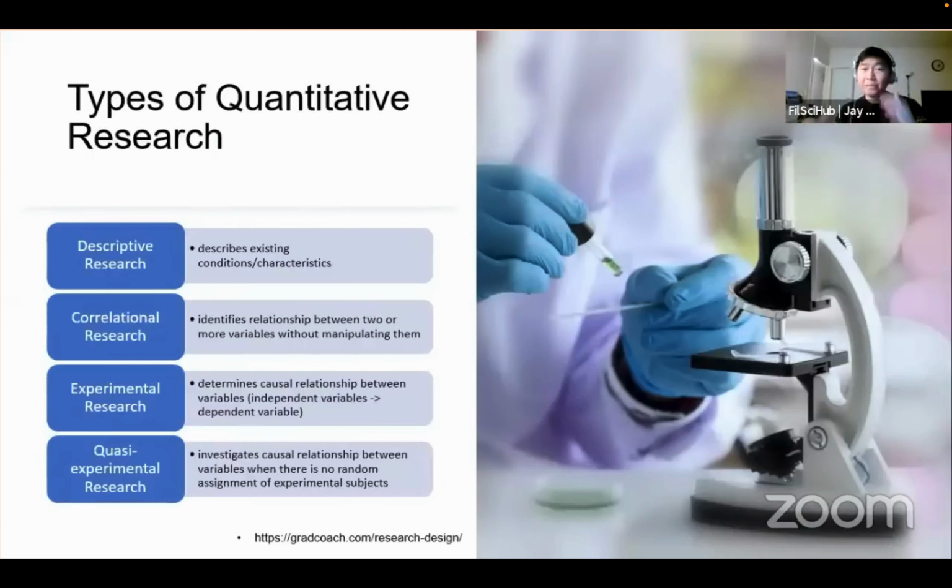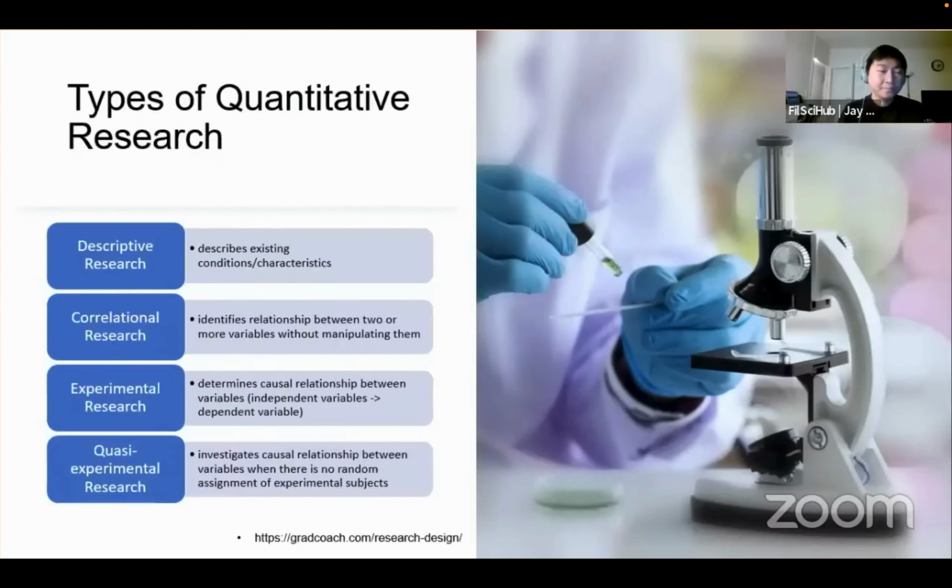This is where descriptive statistics come in: the mean, median, and mode of your data. It's a very simple type of research, but it is very important because it lays the ground for the status quo of a certain problem.